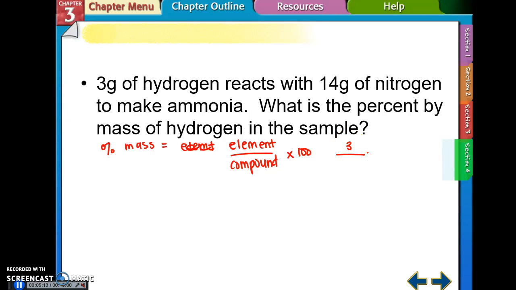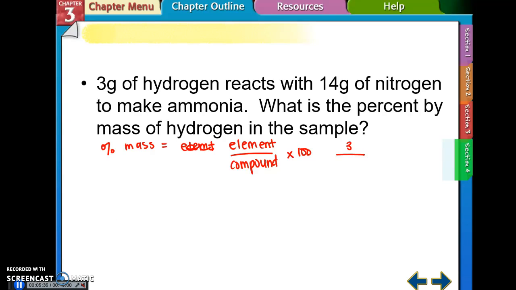And the mistake a lot of people make is they say, oh, there's 14 grams of nitrogen, that's my compound. But nitrogen's on the periodic table. It's an element. So what I'm going to have to do is think back to the law of conservation of mass. Remember how we said that the mass of the reactants equals the mass of the products.